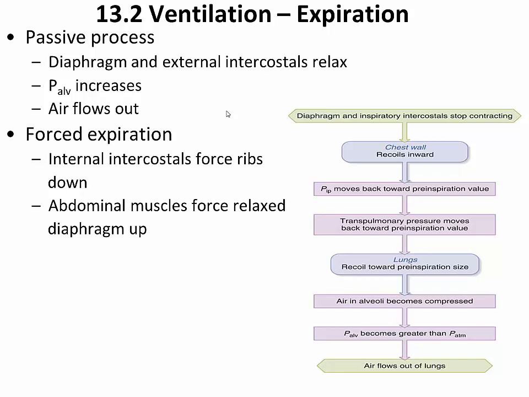There are circumstances in which expiration is not relaxed, but rather is forced. So a good example would be during exercise, when the volume of air that's coming into and out of the lungs per unit time increases greatly. And so two sets of muscles contract to allow forced expiration.